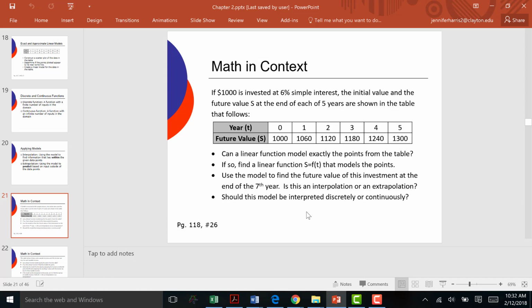First difference is how much? So again, since all the first differences are the same or constant, you'll see that word constant, which means the same. Is there a linear equation that'll model that data? Yes. If so, find out what that linear function is that models this data.